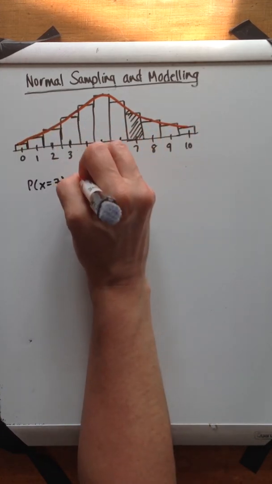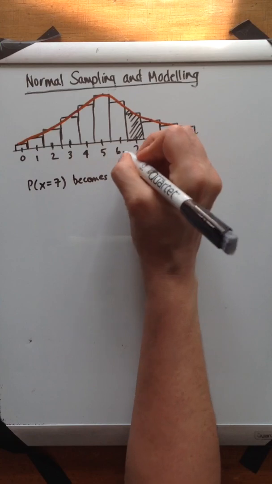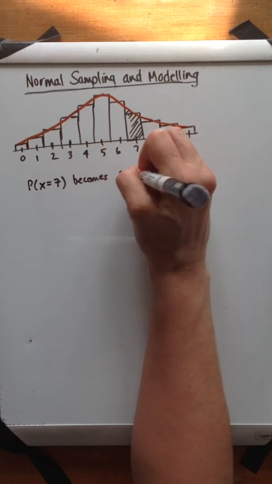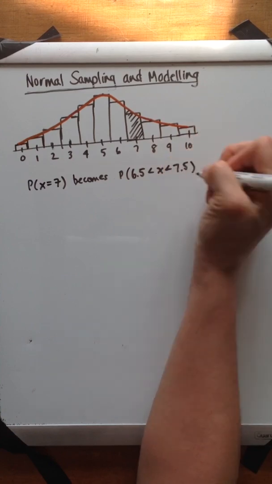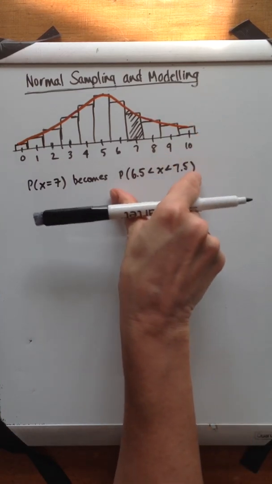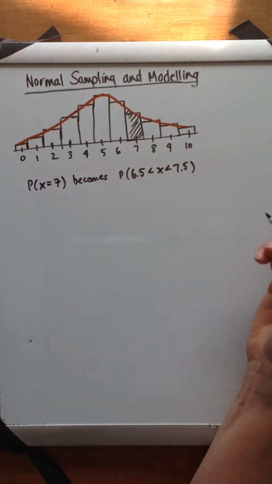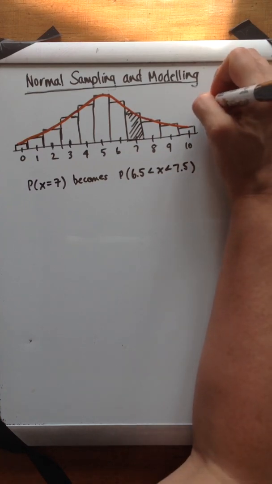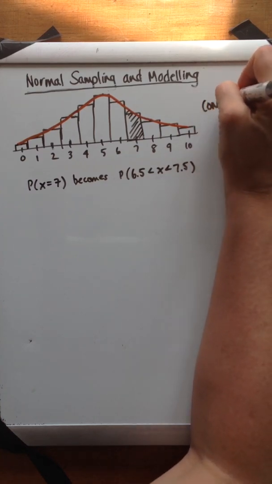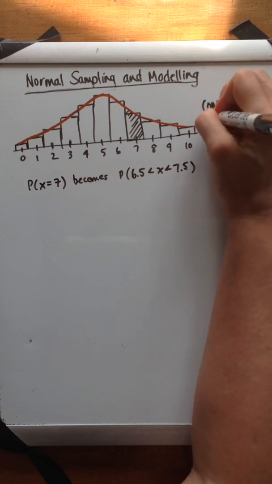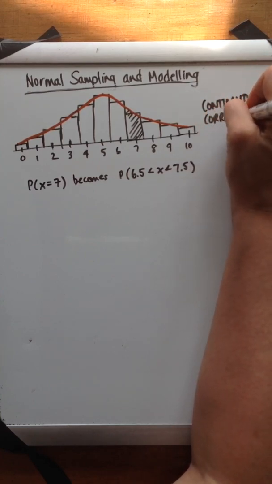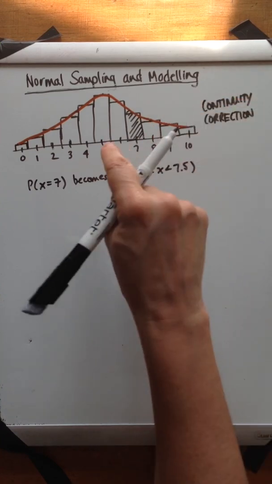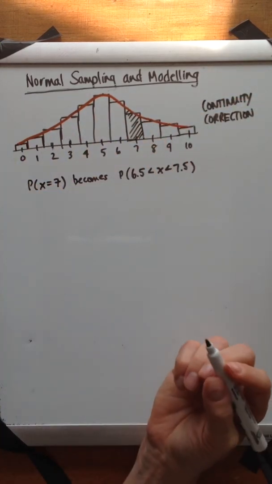So this would become finding the area, or the probability, if you will, between 6.5 and 7.5. Okay? This adjustment that we're making right now is called the continuity correction. And we must do it before we solve any probabilities applying the normal distribution to discrete data.